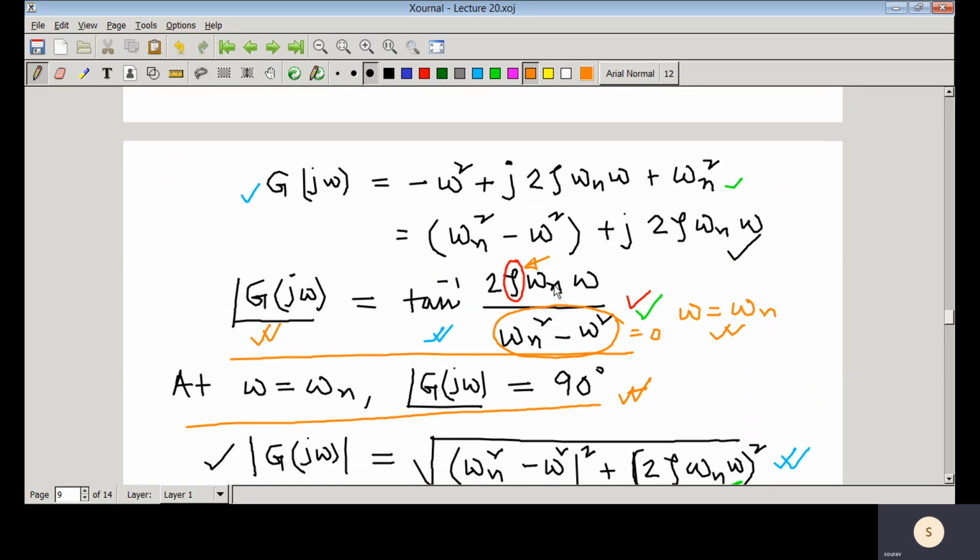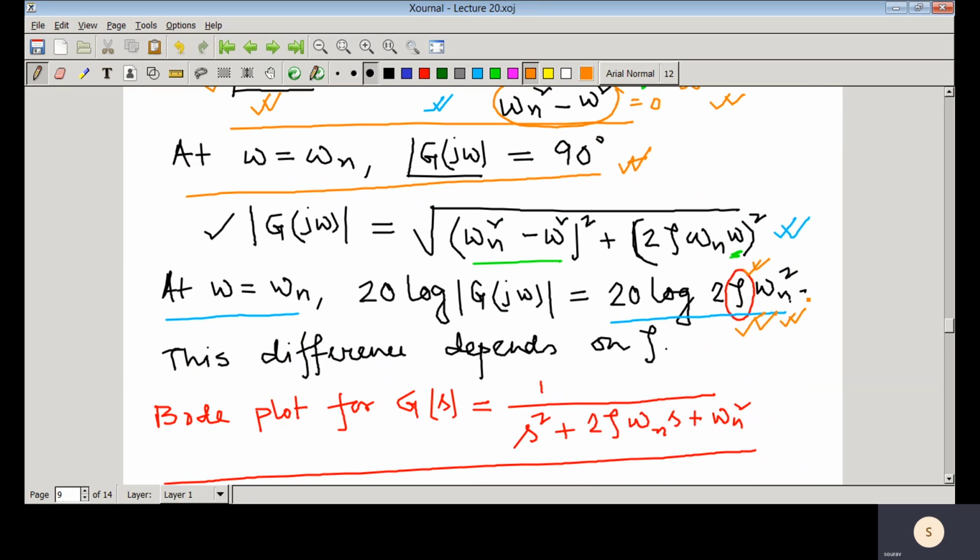But as we move away from the corner frequency, the exact value of both gain and phase depends on zeta. At omega equal to omega n, the phase is always 90 degrees and does not depend on zeta, but the gain depends on zeta.